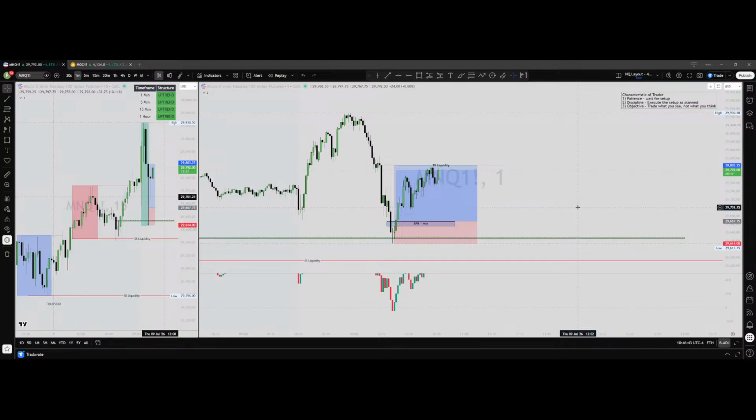Mondays are pretty much choppy almost all the time, and Fridays are generally days when options and everything expire. Many traders also want to go for a long weekend.